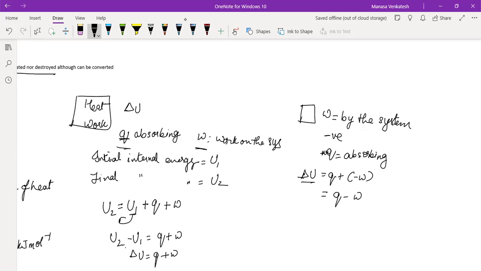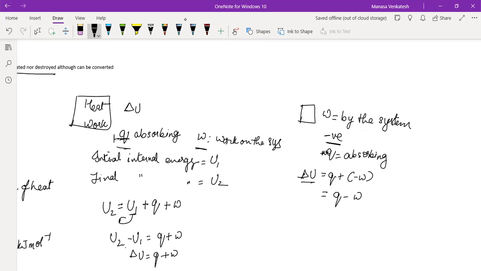To remember this easily: when work is done by the system, it's going to be negative. When work is done on the system, W is going to be positive. When heat is absorbed, the Q value will be positive, and when heat is released, Q will be negative.